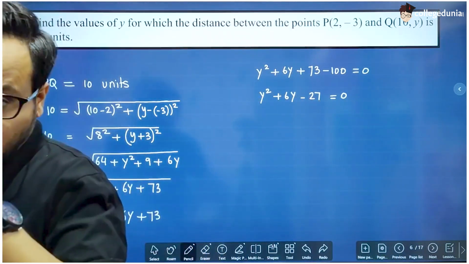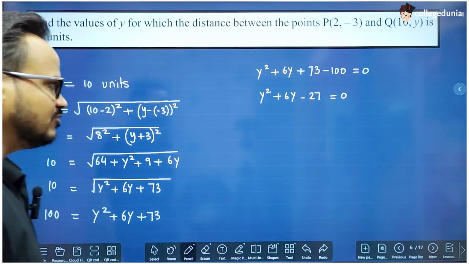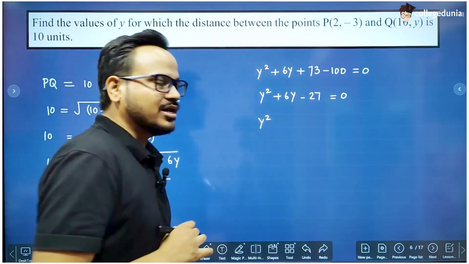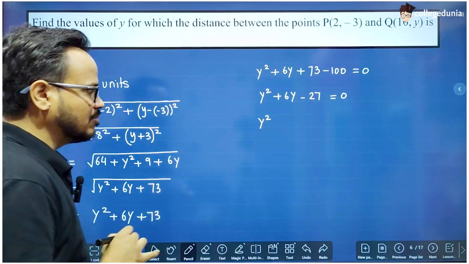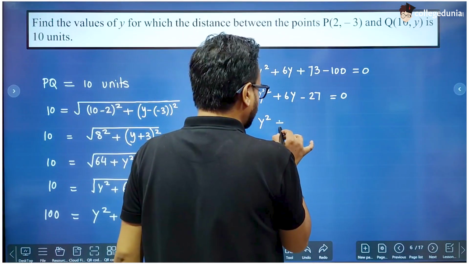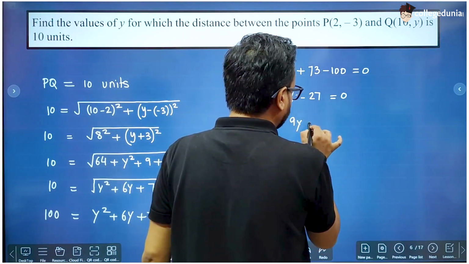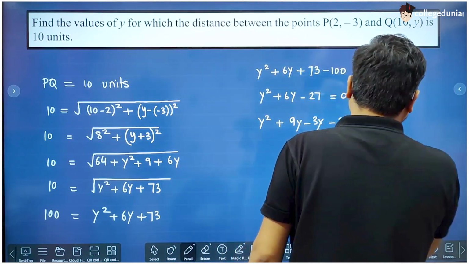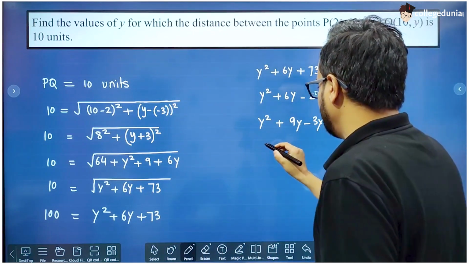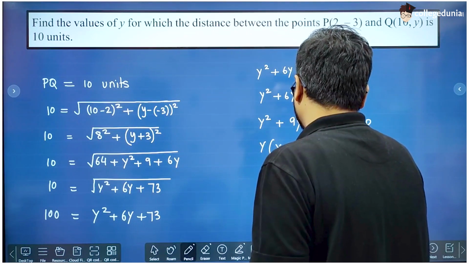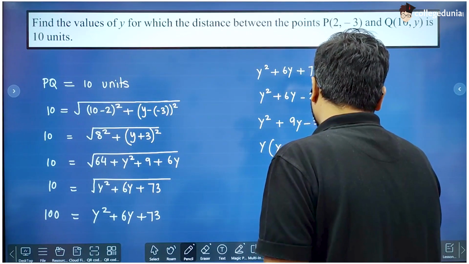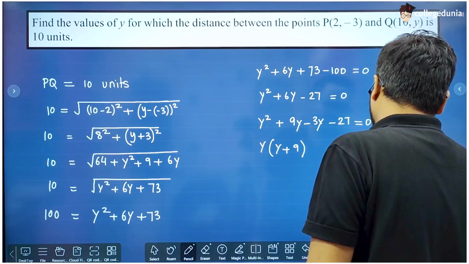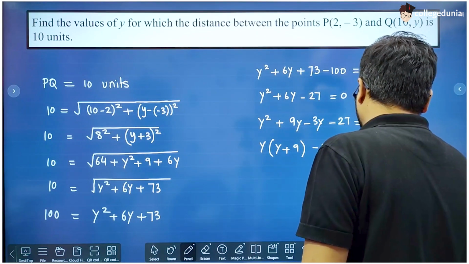Now this is a quadratic equation and we have to solve it by any of the methods. Let's solve this quadratic equation by splitting the middle term. So this 6y can be written as 9y minus 3y minus 27 equal to 0. Now if we take y common, we get y plus 9, and y plus 9, and we have to write minus 3 here.